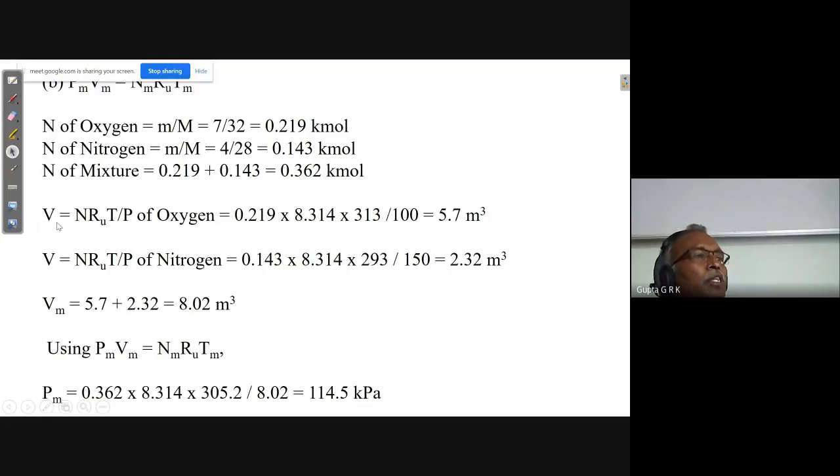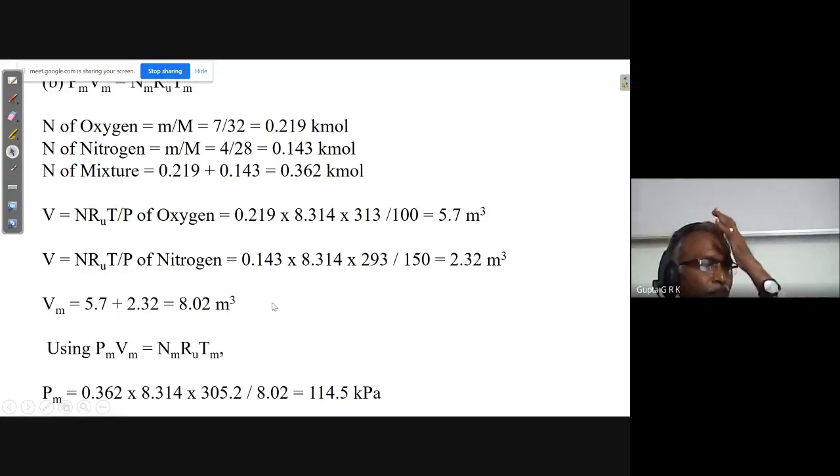So the volume occupied by the oxygen, I use n R bar T by P, right? Because T and P are given and the number of moles I found here and R bar is known, I can find the volume occupied by the oxygen. In the same way, I can find the volume occupied by the nitrogen, and the total volume of the mixture is the sum of these two.